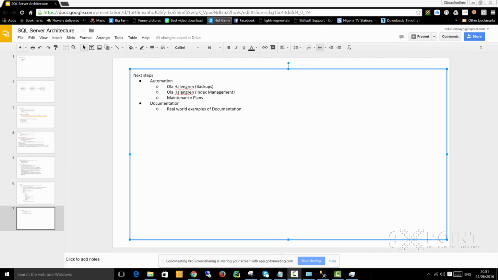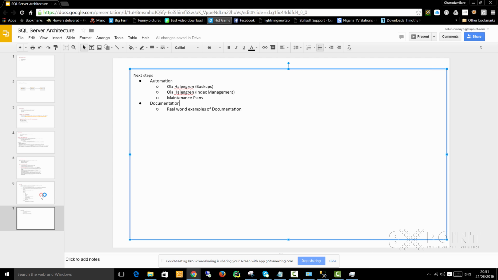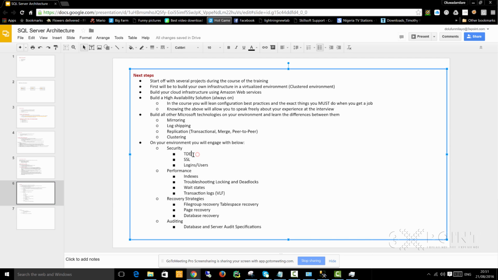Once you are able to cover all those areas, you won't be lacking when we start using T-SQL to do some things. For example, when we get into TDE, it's one thing to configure TDE, it's another thing to automate it. So we're going to be using T-SQL to automate TDE.